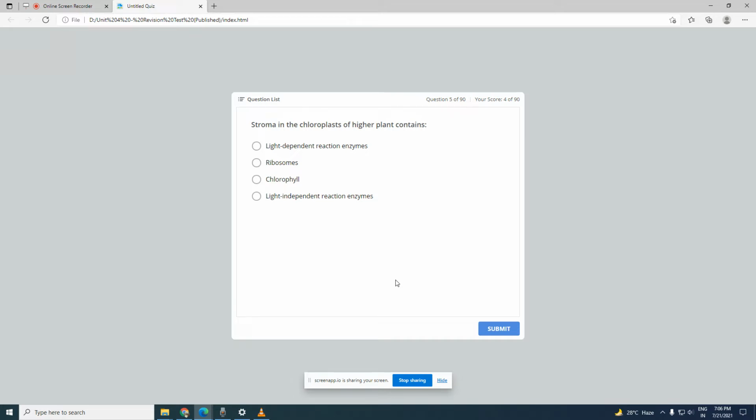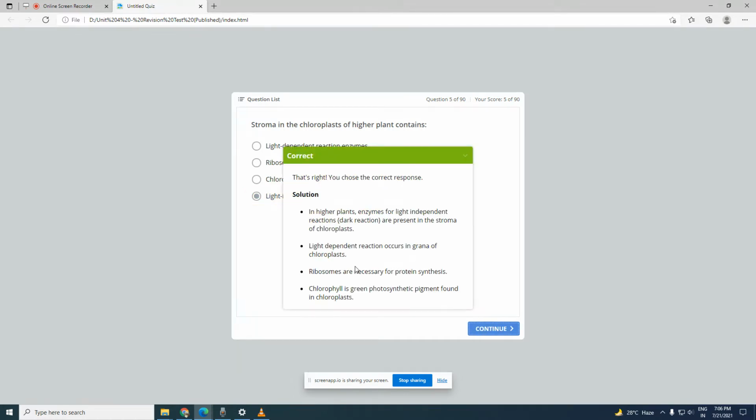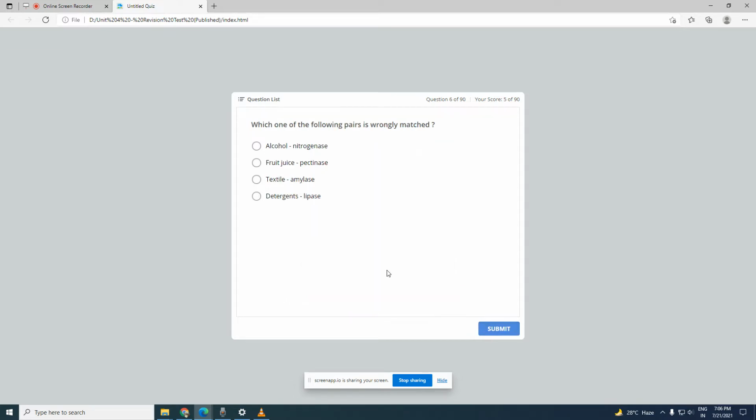Have you found the answer? The answer for the fifth question is light independent reaction enzymes. Next question.